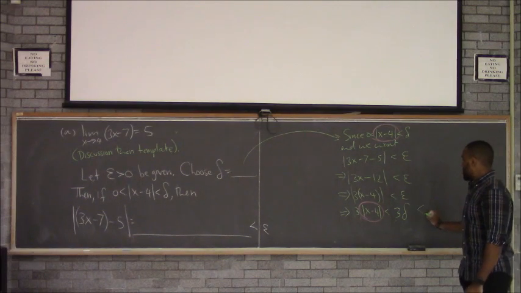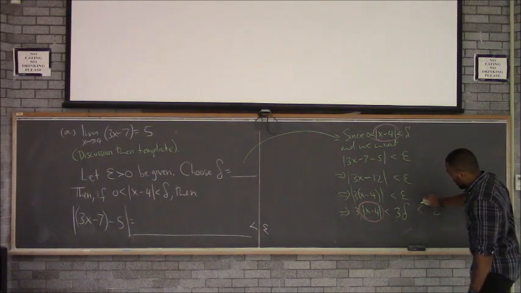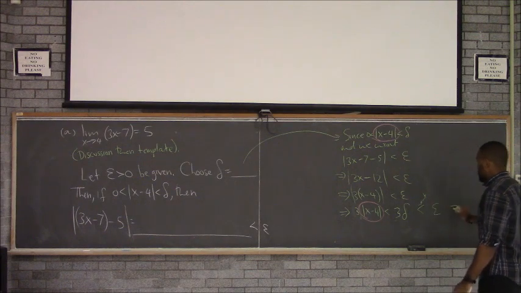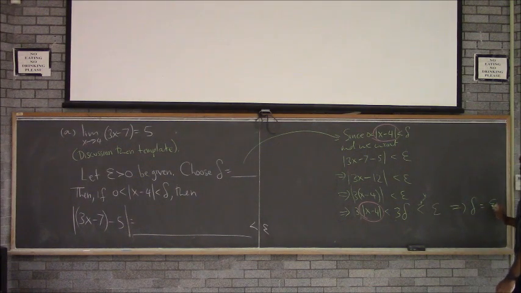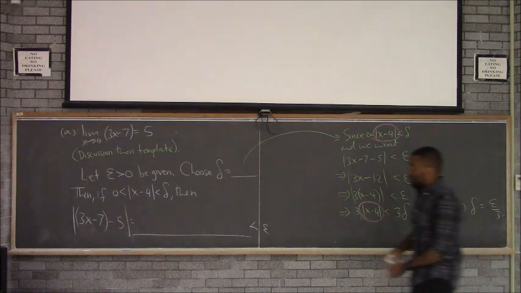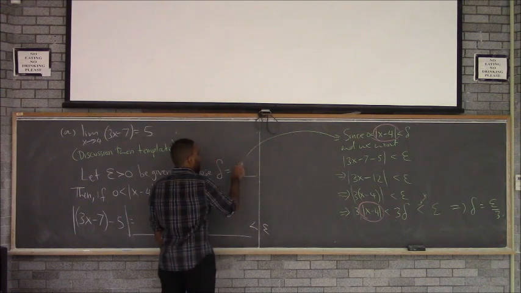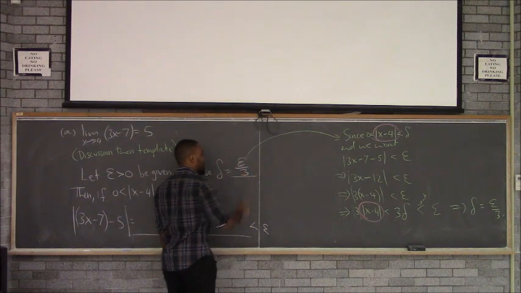But I want that to be less than epsilon. This is what I want. So this means I can just solve for my delta. Let it be epsilon over 3. So now I'm going to go over here and fill in epsilon over 3.